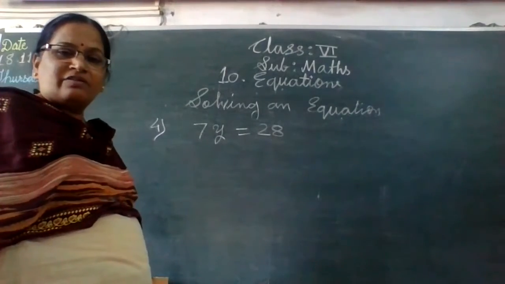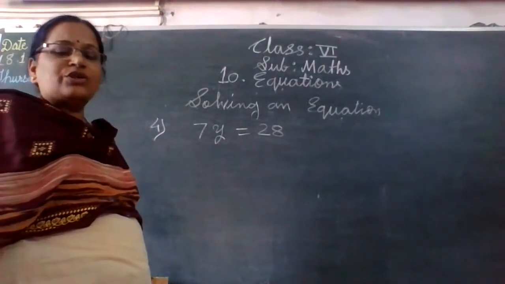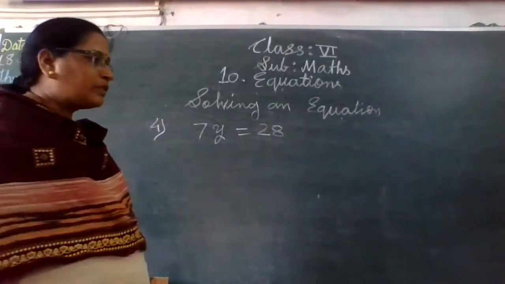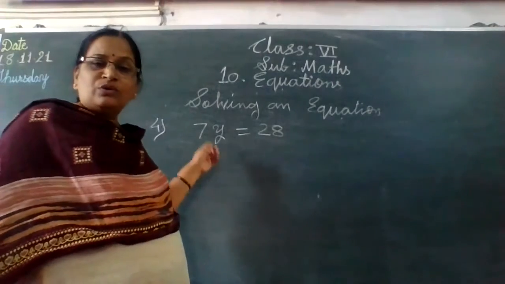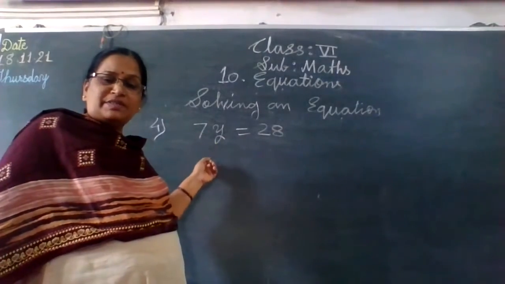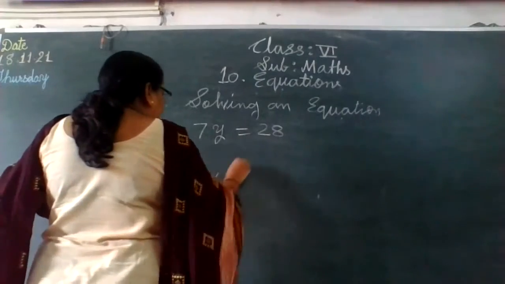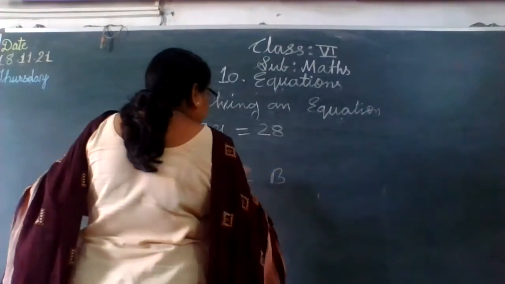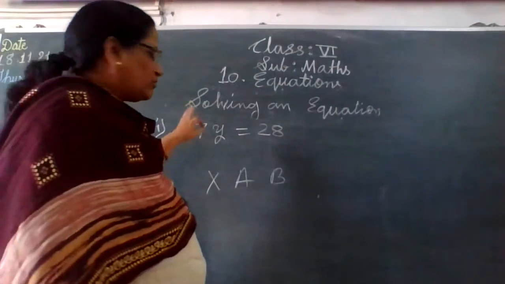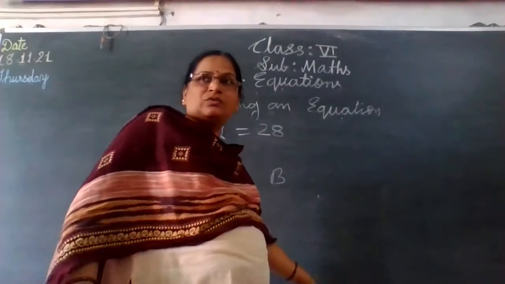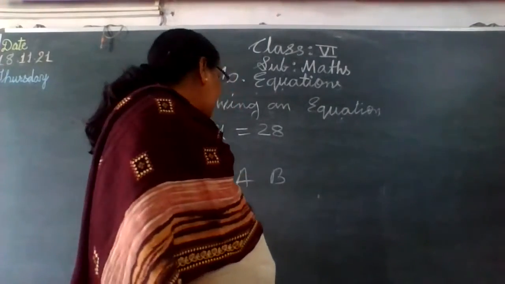So here the variable is y. So you have to remember this thing, beta. Always you have to take small alphabet. Don't take capital alphabet. Okay, so always you have to write small alphabet.